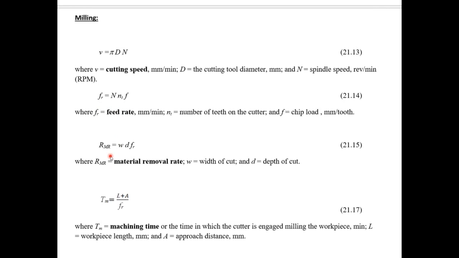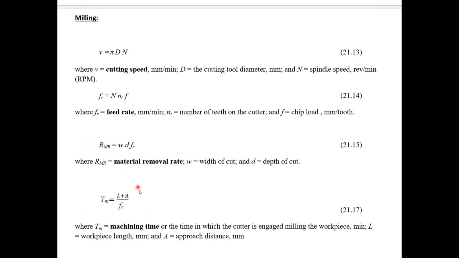Well, and then we've got material removal rate, which can be computed if we have the widths and depths of the cut as well as the feed rate. If we multiply all these to one another, then we get the material removal rate. As mentioned before, material removal rate is an indication of efficiency of the machining operation. So it is very important for us to achieve a high material removal rate in any machining operation.